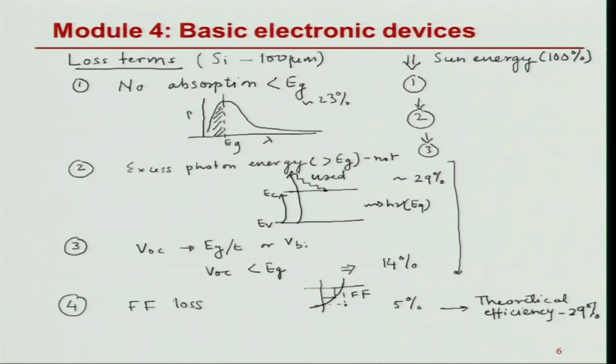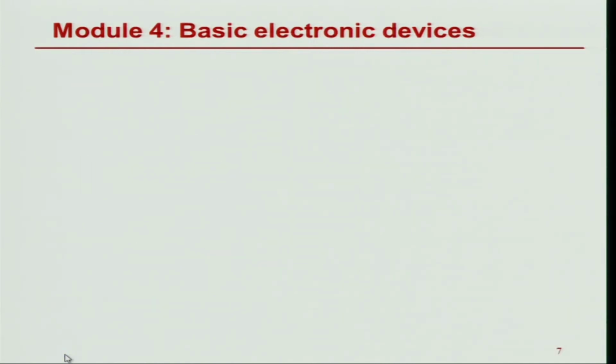But there are still some more loss processes which are there, which the ideal PN junction we have not considered. And if I add those loss processes, the first one that comes to mind is the series and the shunt resistance. So, when we make a device, because in different ways the interfaces and different layers act, the JV characteristic is not ideal.